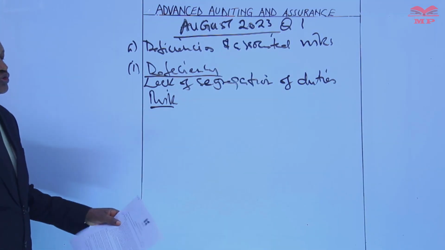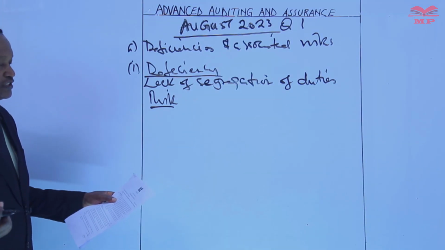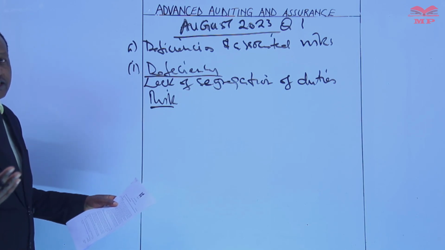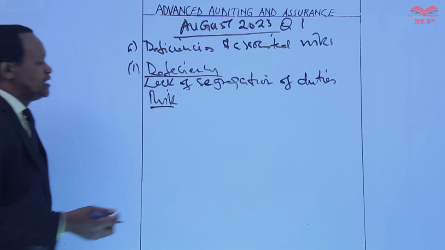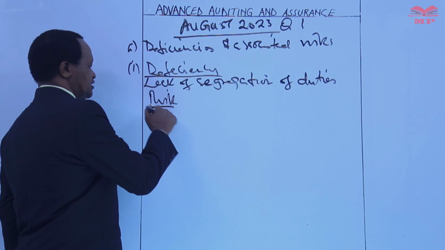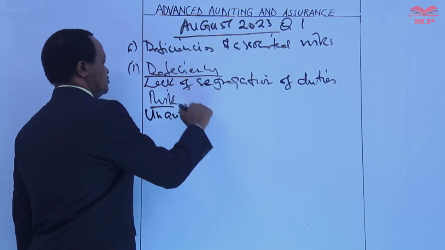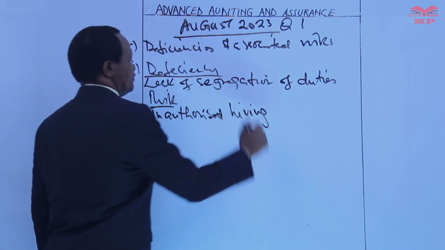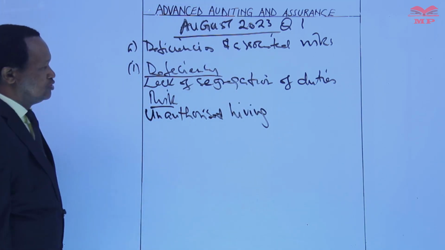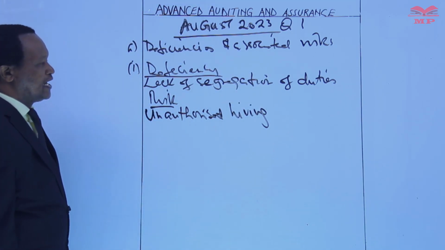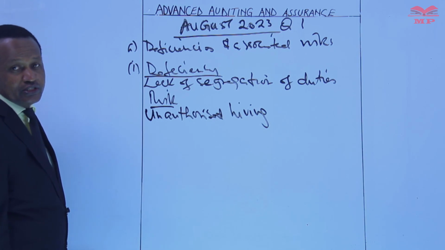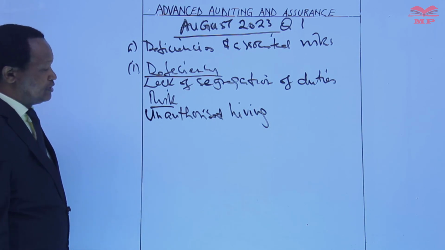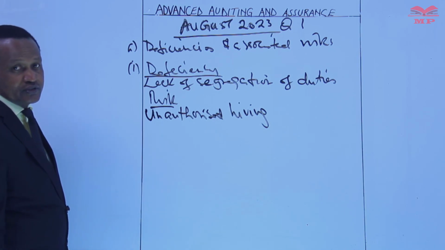Too much control over these activities, candidates, increases the risk of unauthorized hiring. The foreman can decide to hire employees without any authorization from the company. Do you see that?